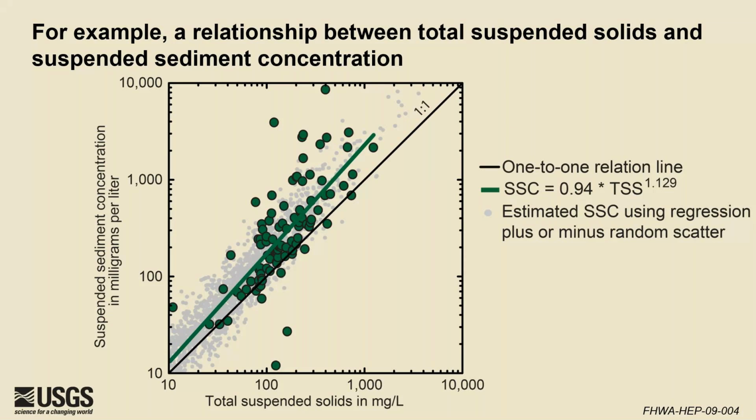So we can use the highway runoff database to develop a regression between these two constituents, which we can then use to estimate suspended sediment concentration using our regression line, plus or minus random scatter, which is shown here by the gray points. So those are stochastically simulated suspended sediment concentrations.